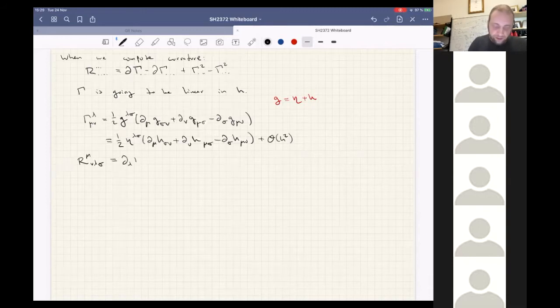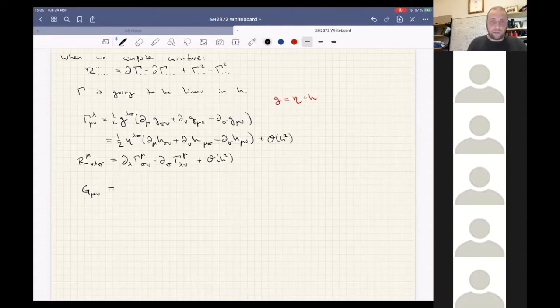So we have d lambda gamma mu sigma nu minus d sigma gamma lambda nu mu plus higher order terms in h, which we're going to ignore for the time being. So using this and just going on and on, we can compute the Einstein tensor, which is what's later on going to enter into the Einstein field equations.